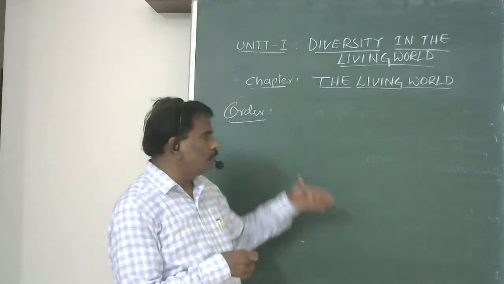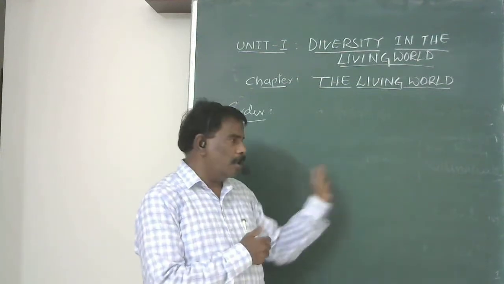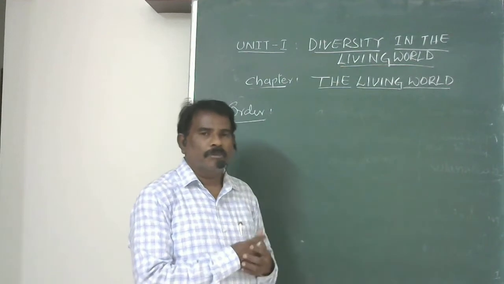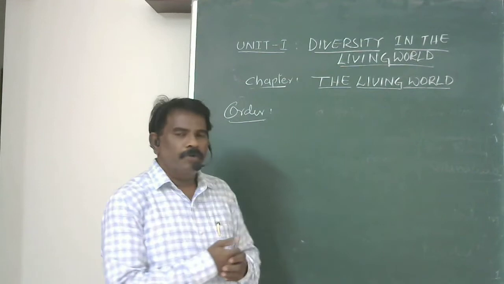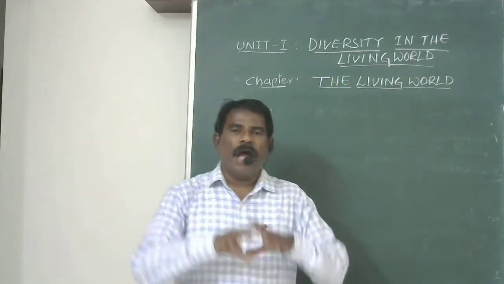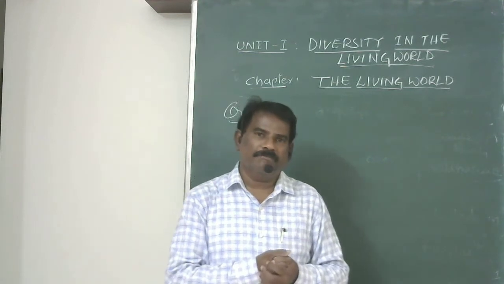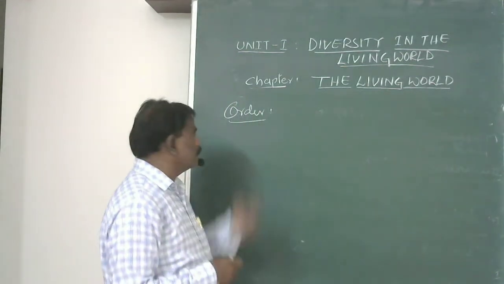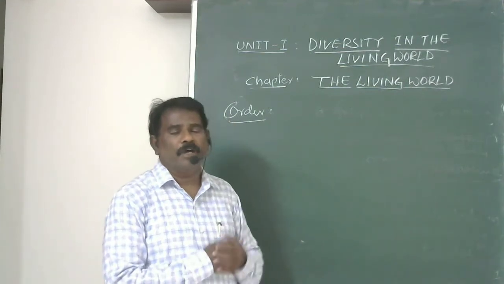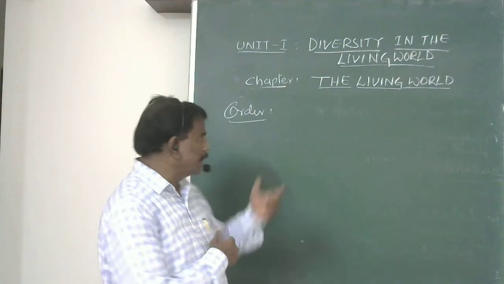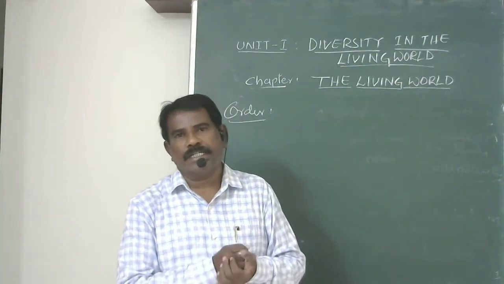When we go to a higher rank, from order onwards in the hierarchy, we consider the aggregated features of the organisms. So, order being a higher taxonomic category, we consider the aggregated features of the organisms.